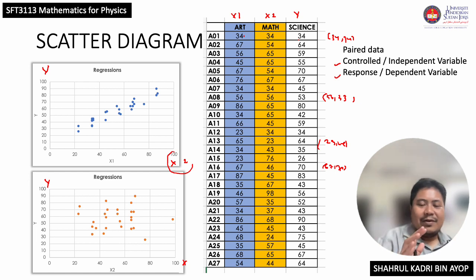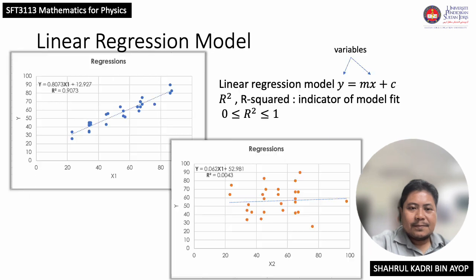Alright, so next we are going to use a simple model to mathematically represent the relation between the variable on the vertical axis and the variable on the horizontal axis. One of the models that we can use is called a linear regression model.